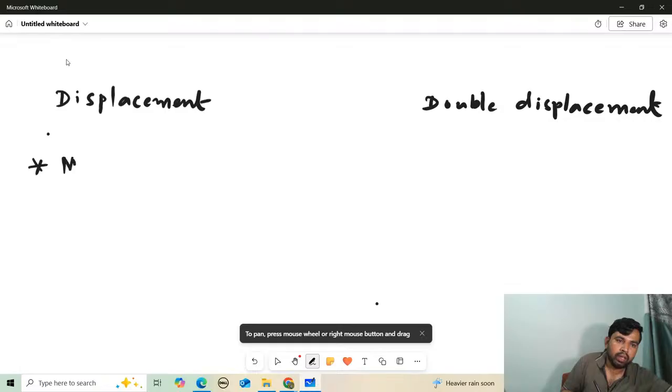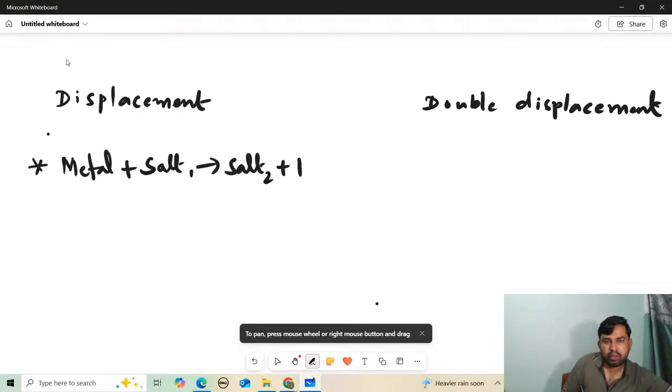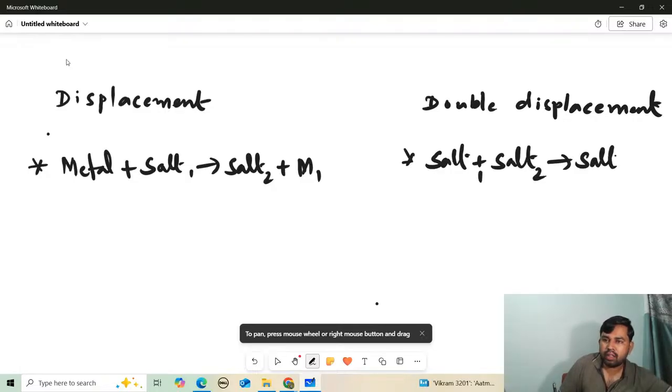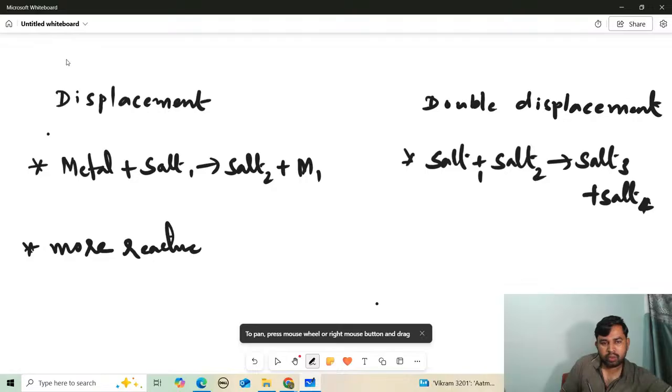Here one metal will be there. Just for your understanding, let's say we're adding a salt to a metal. One from salt, one metal. Here, two salts will be there: salt 1 plus salt 2, giving salt 3 plus salt 4. In displacement there is a condition: a more reactive metal should be there.